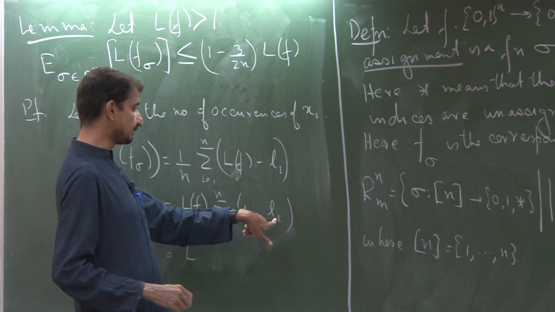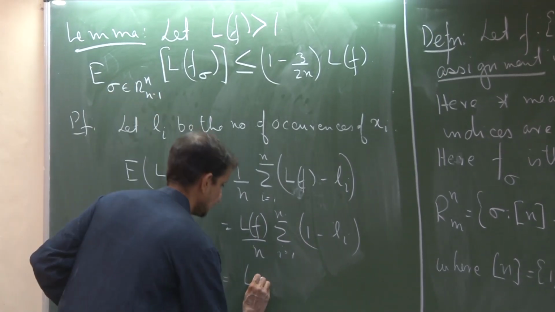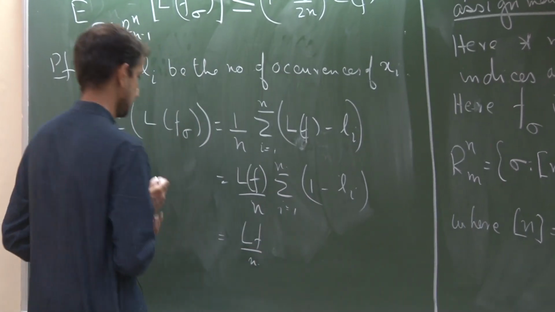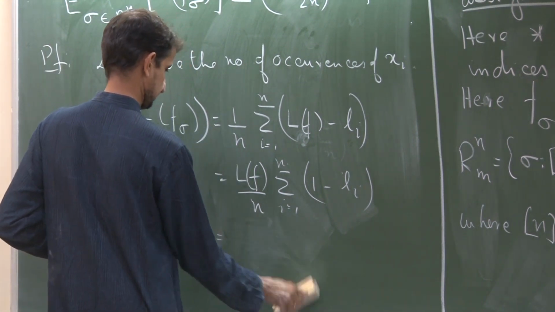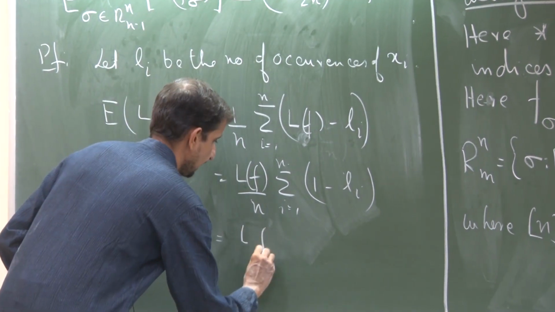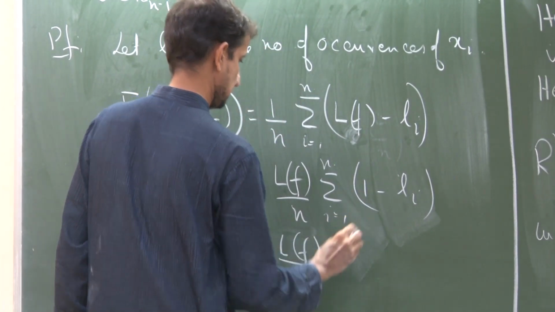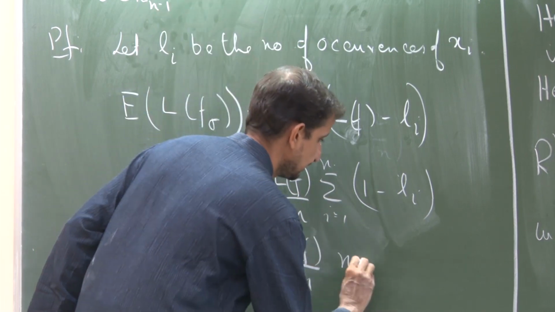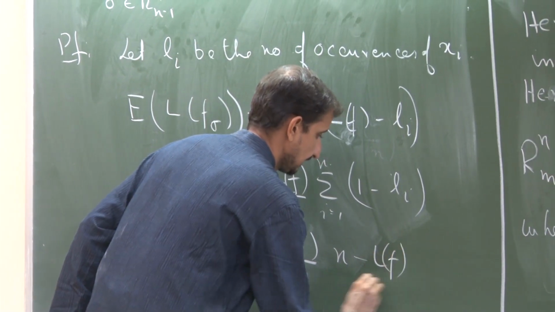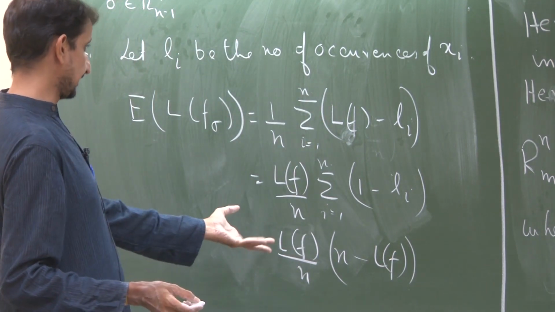And what is sigma Li? Sigma Li is again nothing but L of F. So, this is L of F by n. Sigma of 1 is n minus L of F.